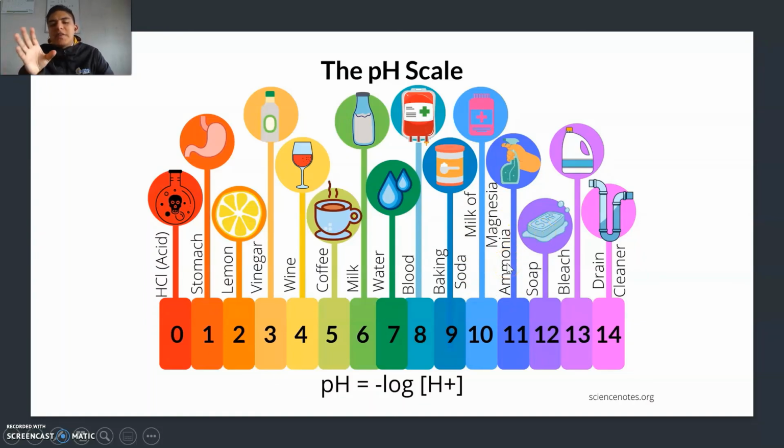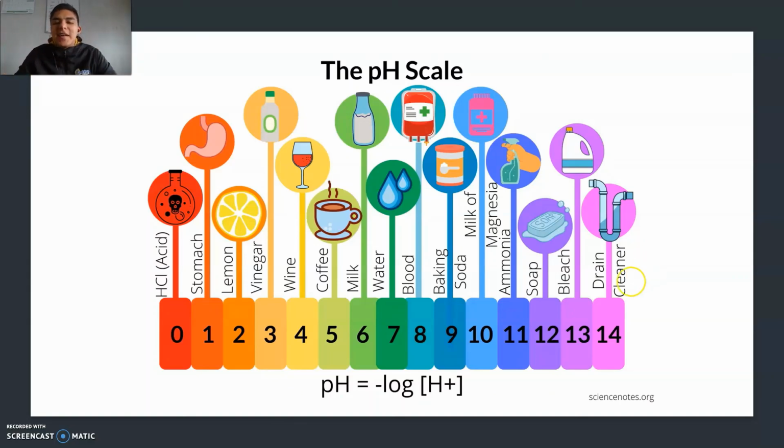Each one of these things has some very specific functions, like disinfection especially. But if they get in contact with our skin or with other organs, they can be harmful. And that's something else that we can take into consideration. Water is right in the middle of the pH scale because it has a neutral pH. If we go to the left, they are acids, and if we go to the right, they are alkalines.